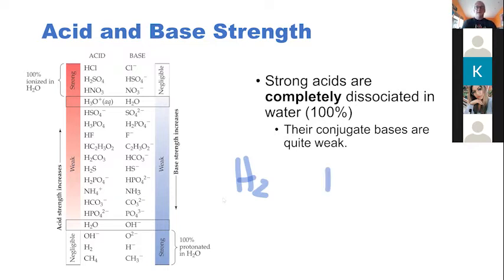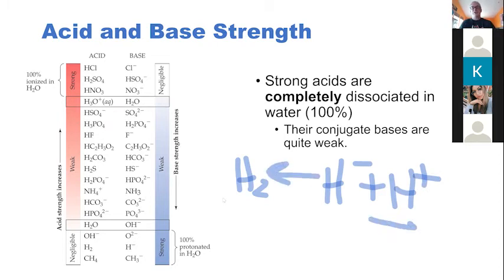Because its conjugate base is H minus, which is an extremely strong base. If you have hydride ion, it is going to react with H plus immediately and reform H2. So H2 is an extremely weak acid because anytime H minus is around, it's going to automatically reform H2.